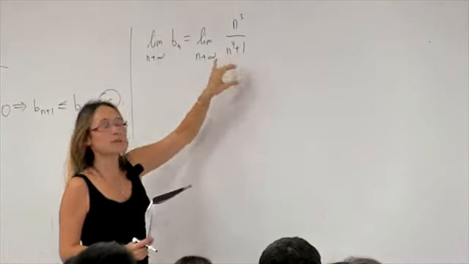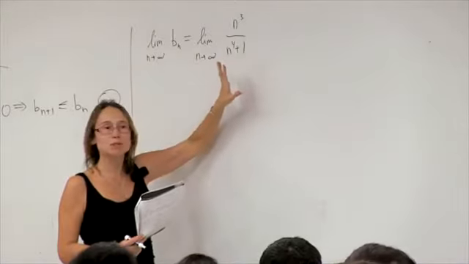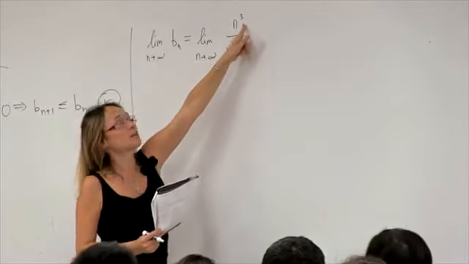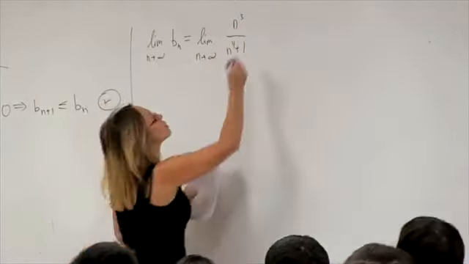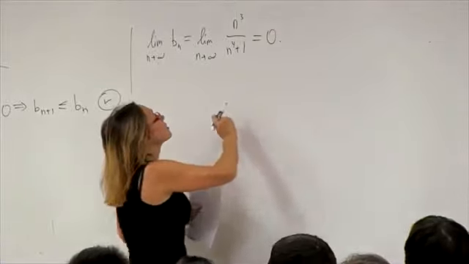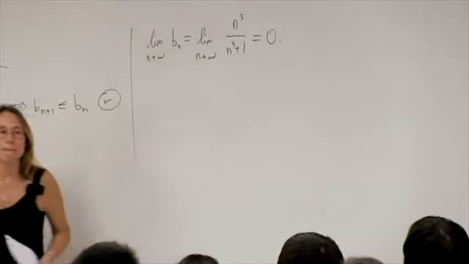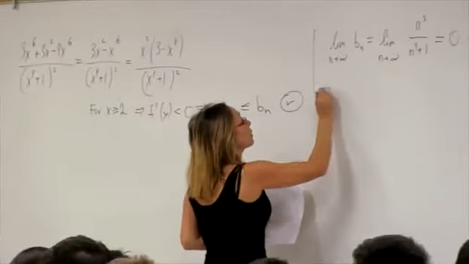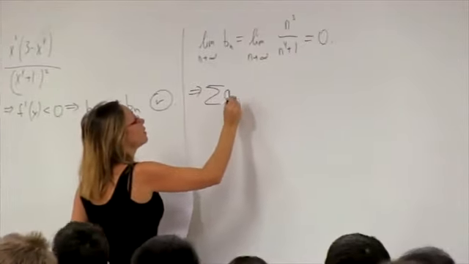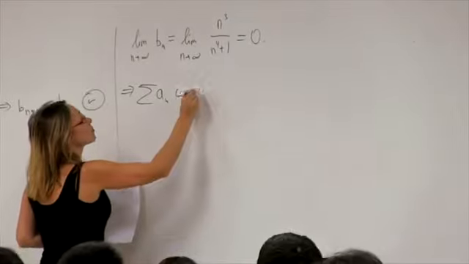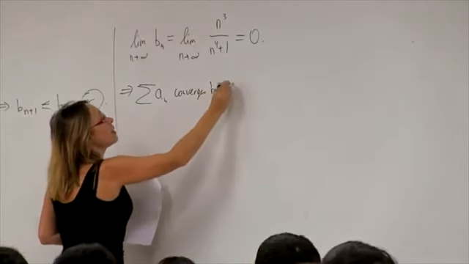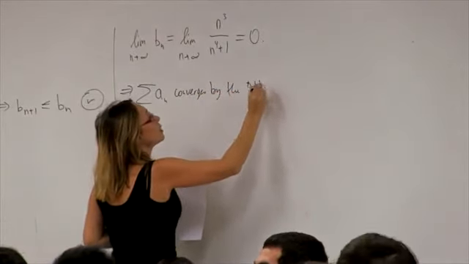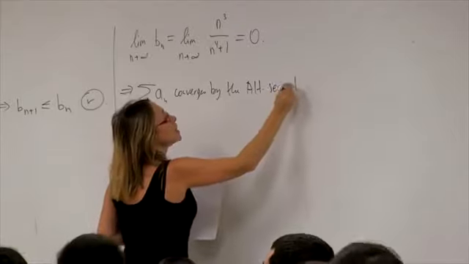If they were the same, the limit would be a non-zero constant. If the numerator was greater, then I would have infinity. So I'm just going to say 0. Questions? So conditions 1 and 2 are satisfied, and the series converges by the alternating series test.